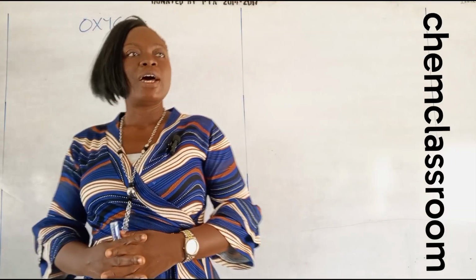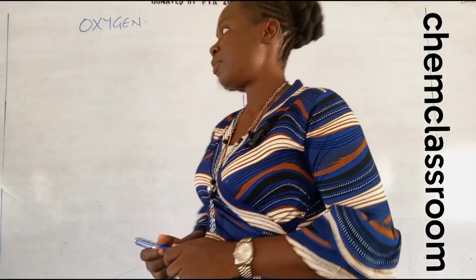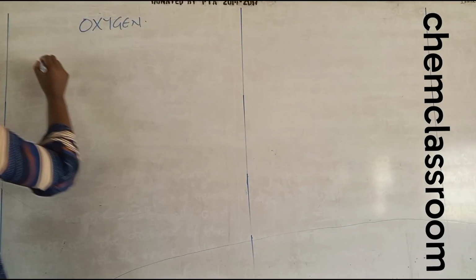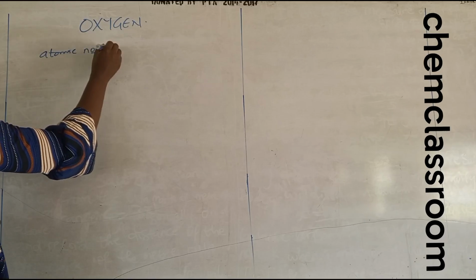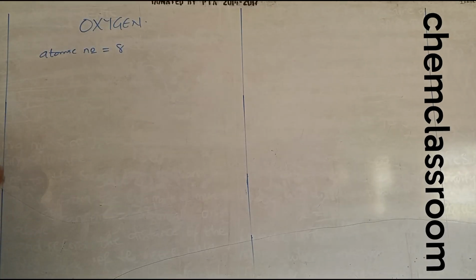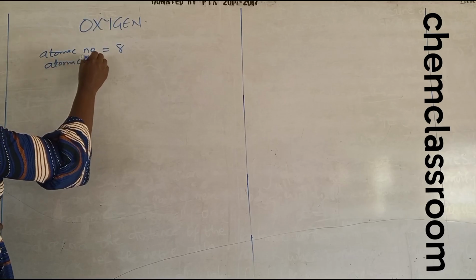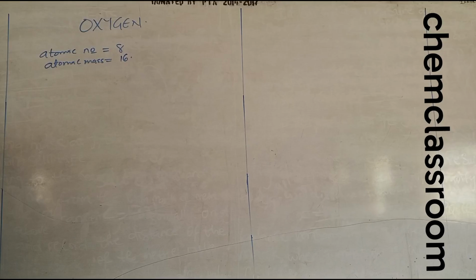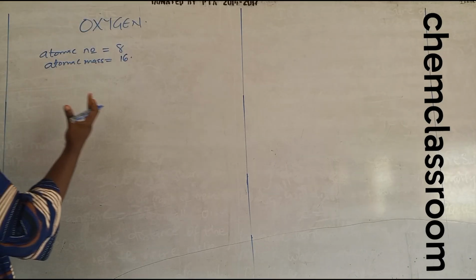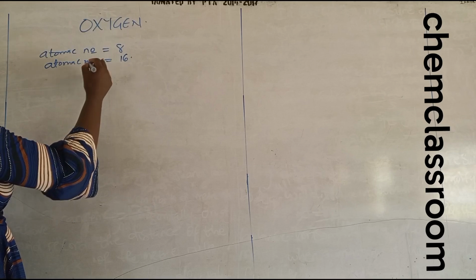So now oxygen is about the 8th element on the periodic table. It has an atomic number of 8. Then it has atomic mass of 16. If I'm to break oxygen into shells, in writing the electronic configuration, I have 2, 6.